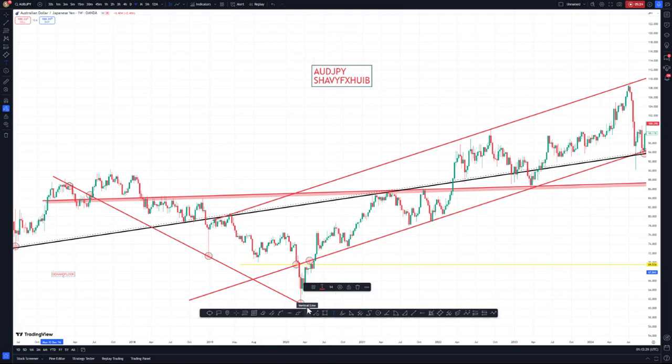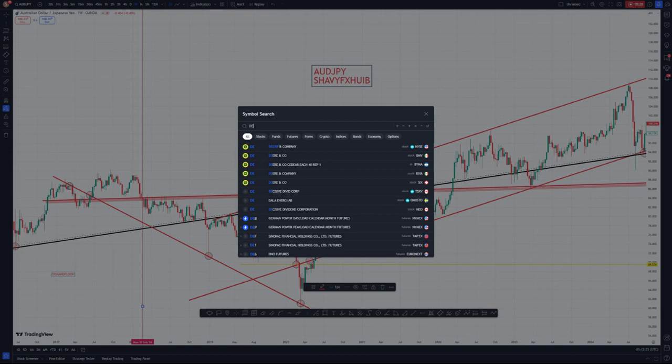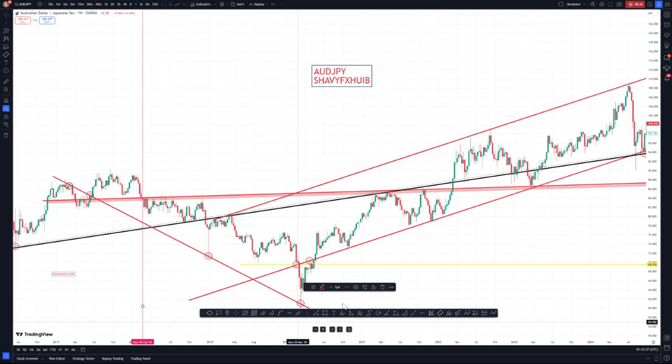So we have another structure which is also important. So we have here supply roof. So we transition from demand floor to supply roof.